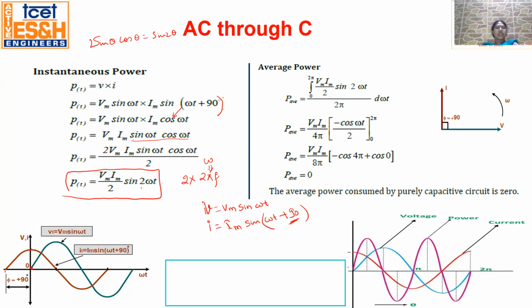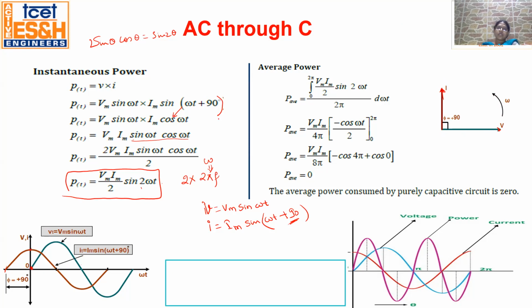This is the pattern of current across the capacitor. Clear? So this is the voltage and current waveform, and current is leading. From the phasor diagram, current is leading and voltage is lagging. Take the reference voltage, but current is leading.